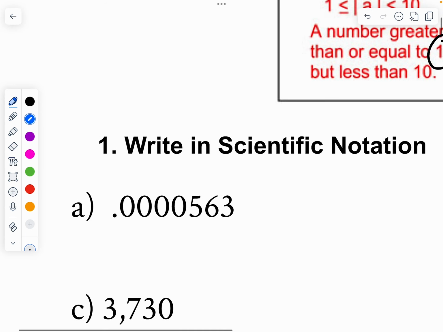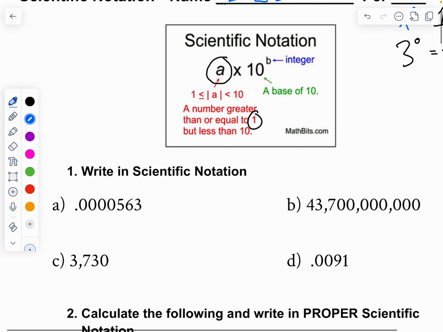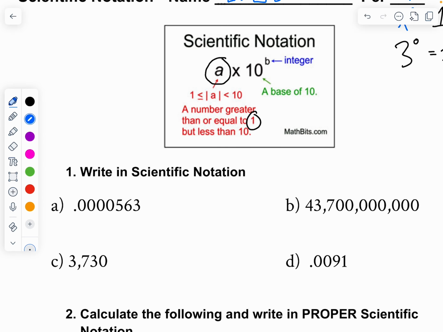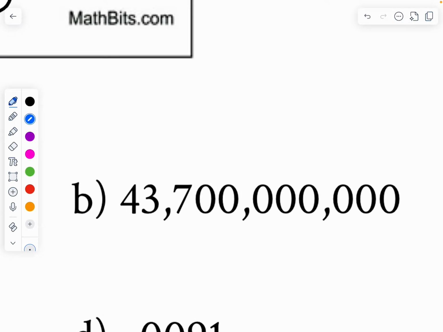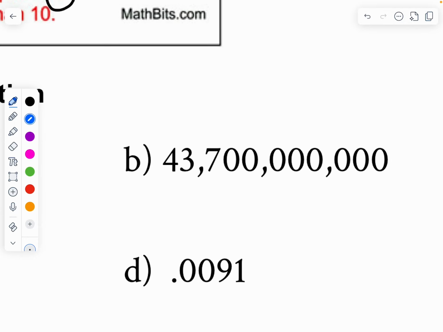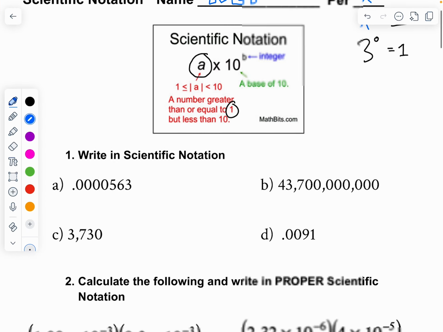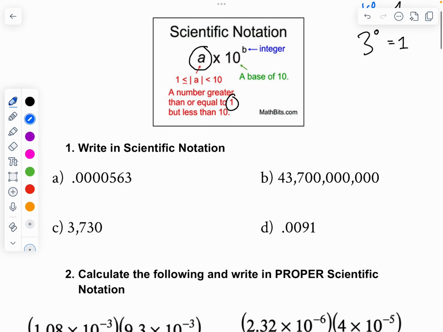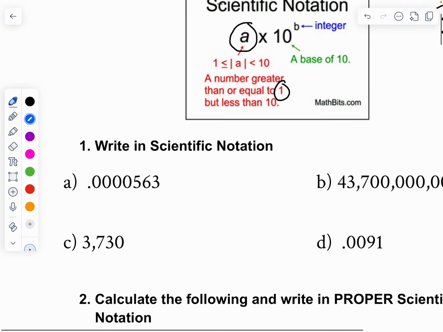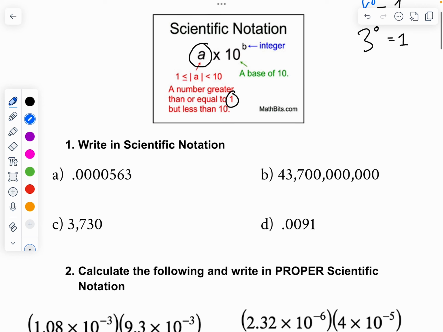So anything with a decimal needs to be written with a negative number. And anything with a lot of zeros, basically a big number, for example, how far are we from Mars? Oh, very far. That's going to be a positive exponent. Okay, so microscopic, negative. Gigantic would be positive exponents.